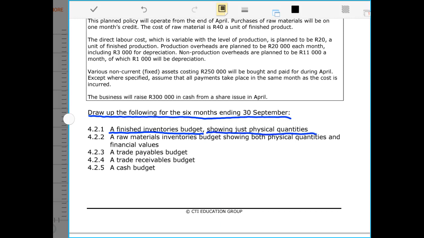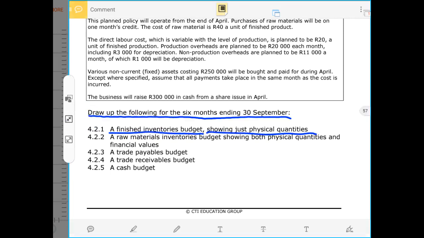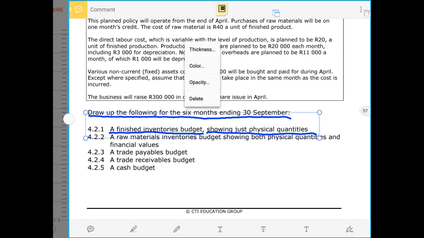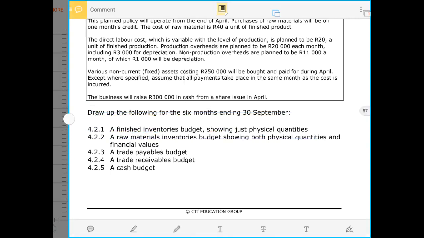So now we want to know in this budget how many units were left at the end of the period. We also need to know how much was the production, and also have to take into account the opening inventory if there was one. So now we are doing the finished inventory budget, where we have to calculate the closing inventory at the end of the period.